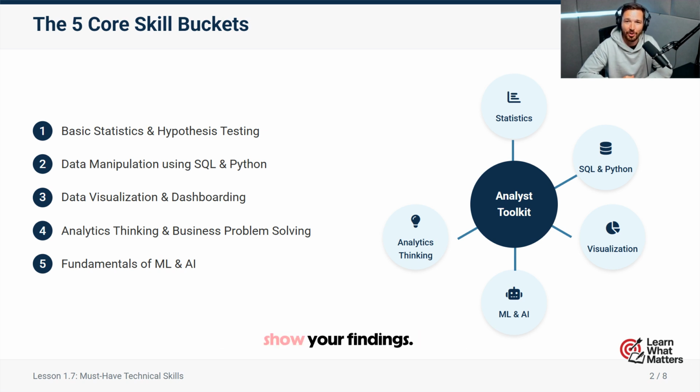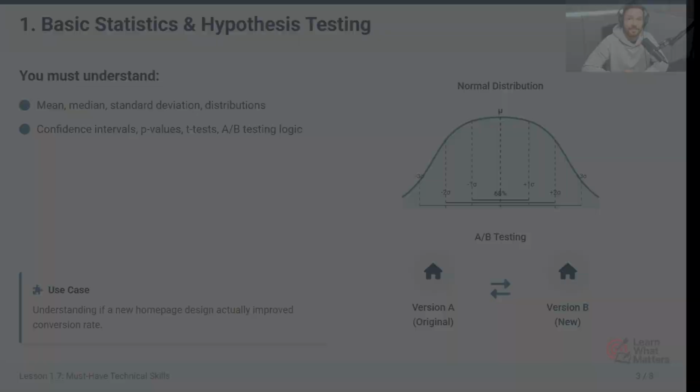This is how you show your findings. Number 4, analytics thinking and business problem solving. This is how you ask the right questions. And number 5, fundamentals of ML and AI. This is where you look to the future. These 5 skills work together. They are the complete package, and we're going to touch on every single one.